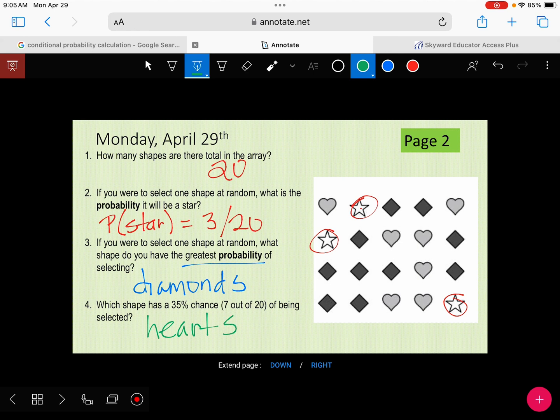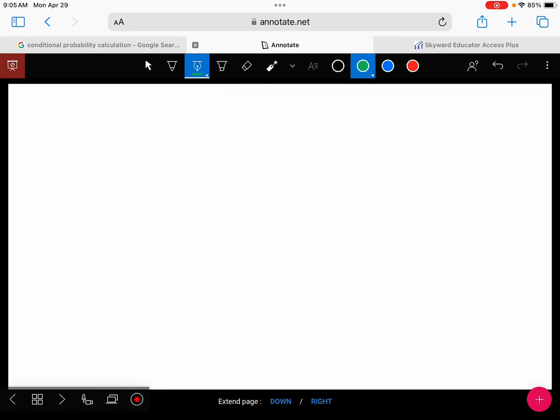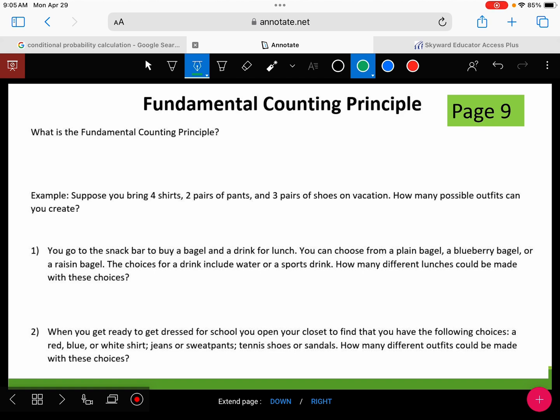So we're going to start the fundamental counting principle today and finish it tomorrow. So flip ahead in your note packet to page 9.